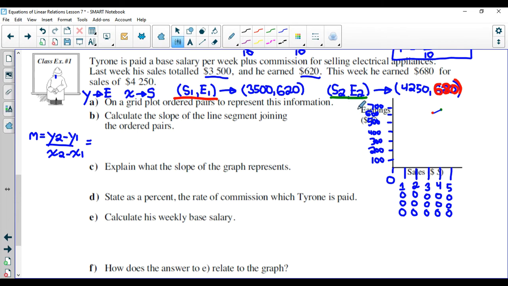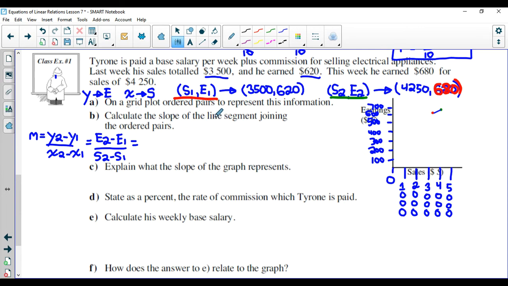But let's change the variables so they're in the context of this problem. The y variable is e, so we'd have e2 minus e1, divided by, instead of x, sales. So that'd be sales 2 minus sales 1.